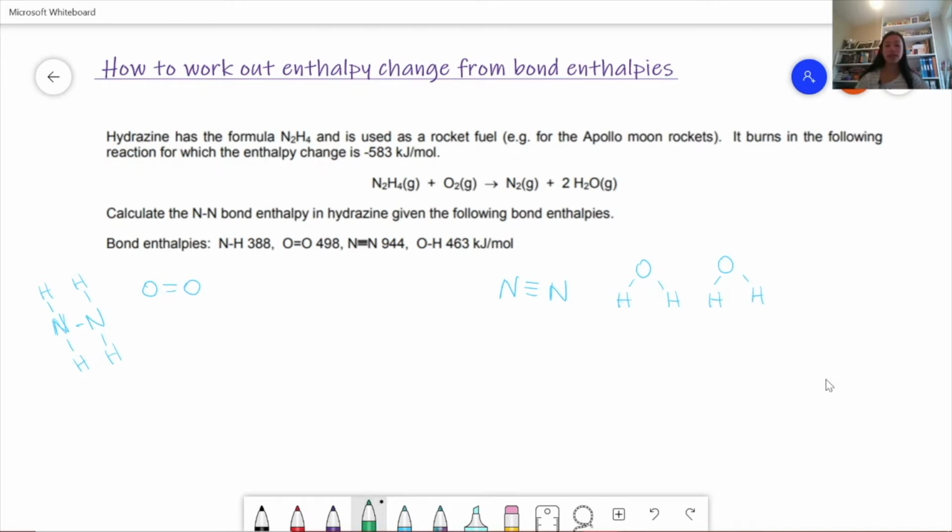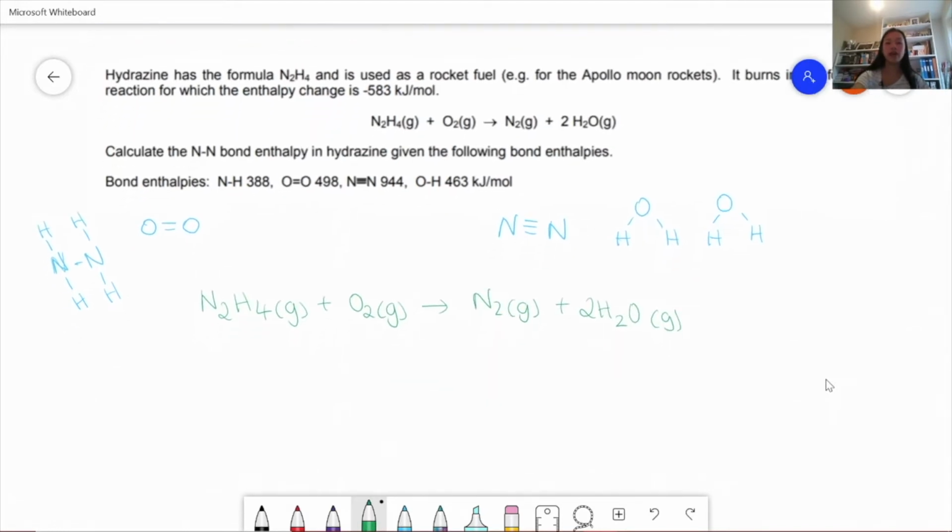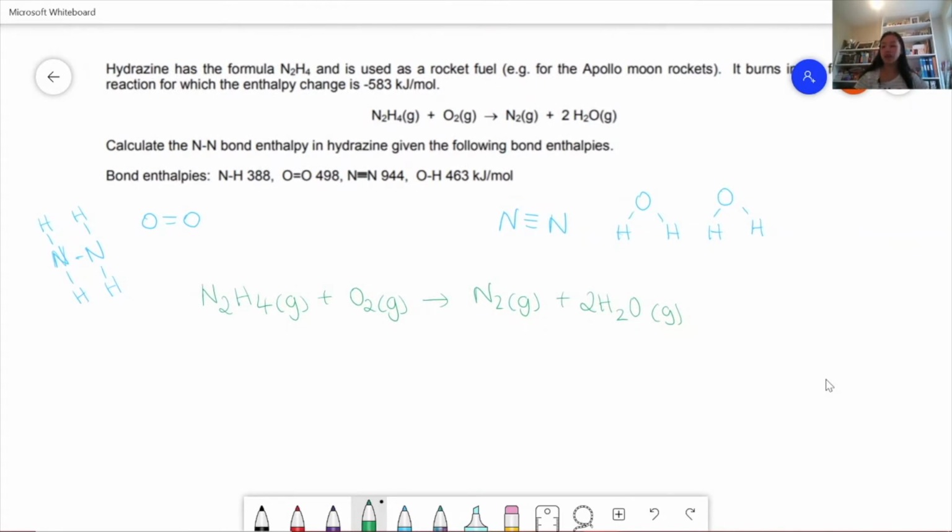I'm just going to write out this equation. Then we write out the atoms, because if we break all the bonds, we'll end up with separate atoms. So this bit's quite easy.